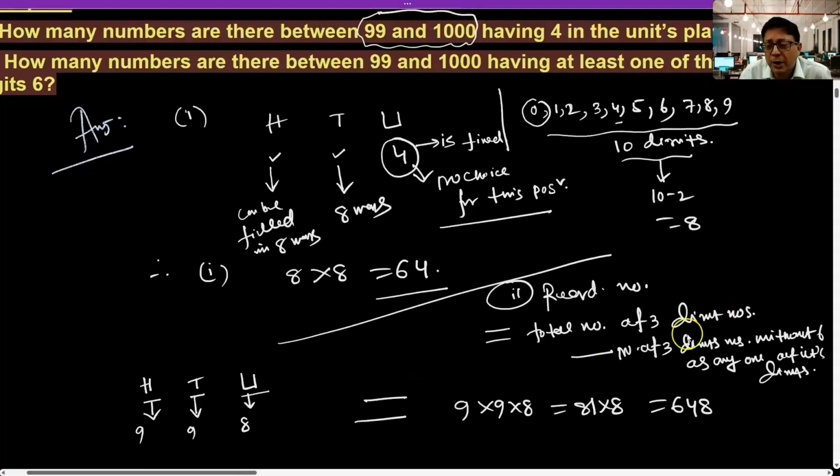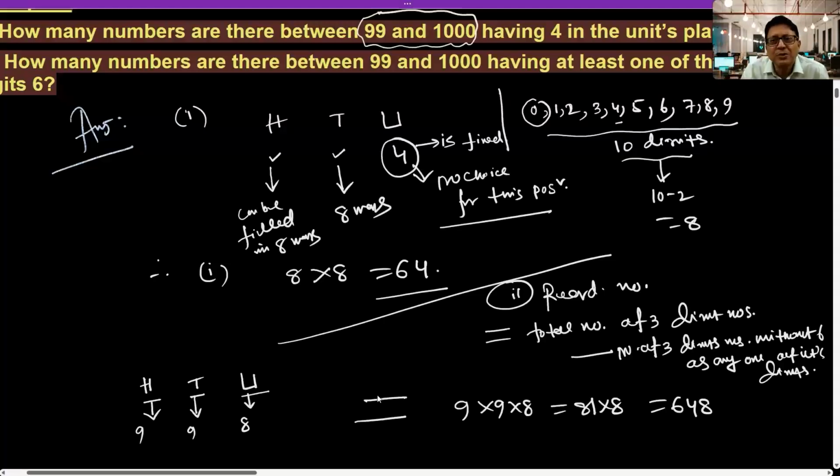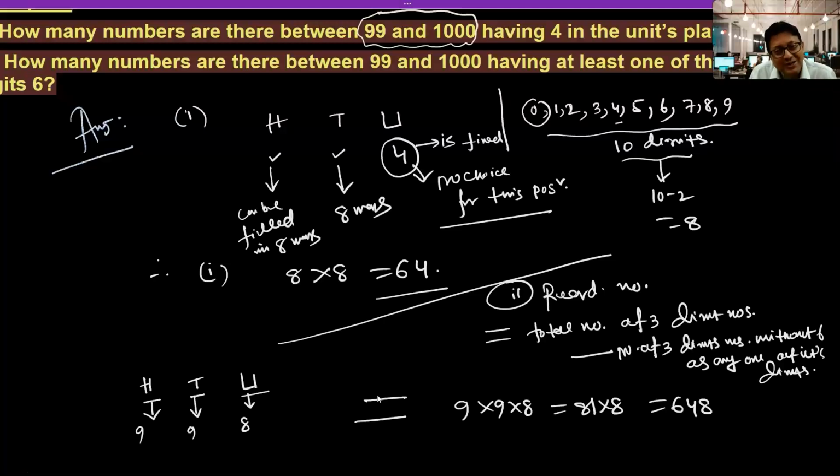So total number of 3-digit numbers, we got 648. You will say, no, I know 3-digit numbers more than that. More than that, but with repetition. There you consider 2, 2, 1, 1, 3, 3, 6, 6, 6, all these things. But here no repetition. So without repetition, 648 numbers are there.